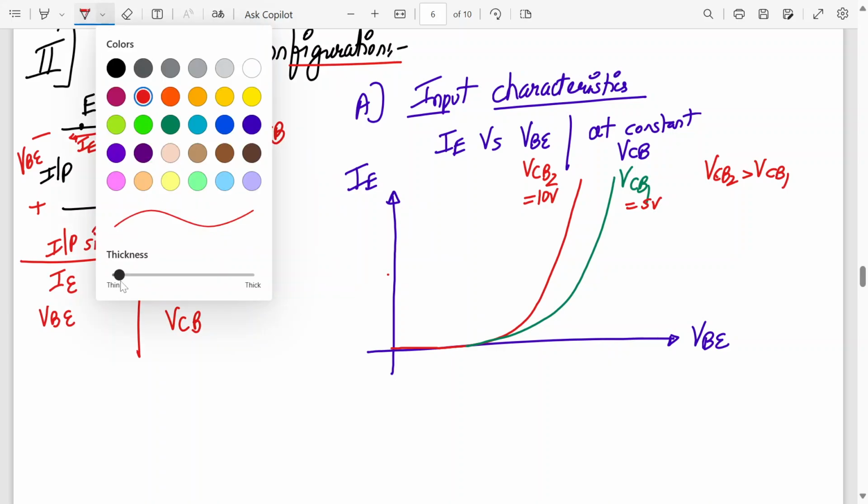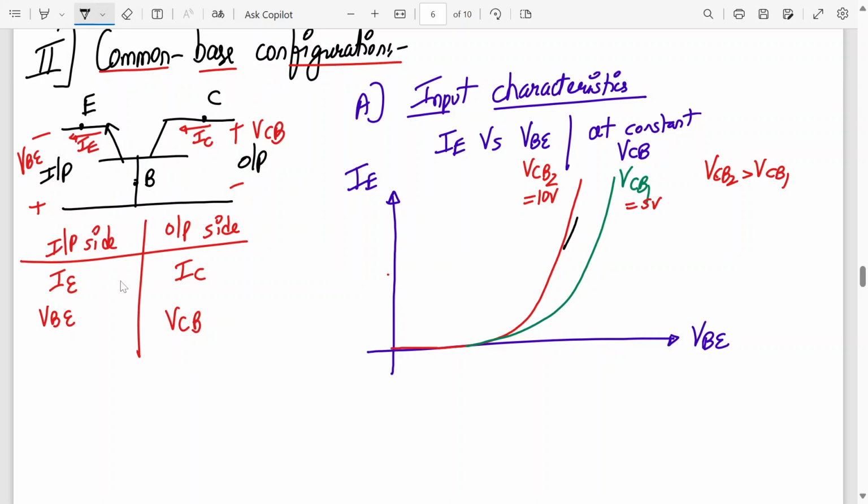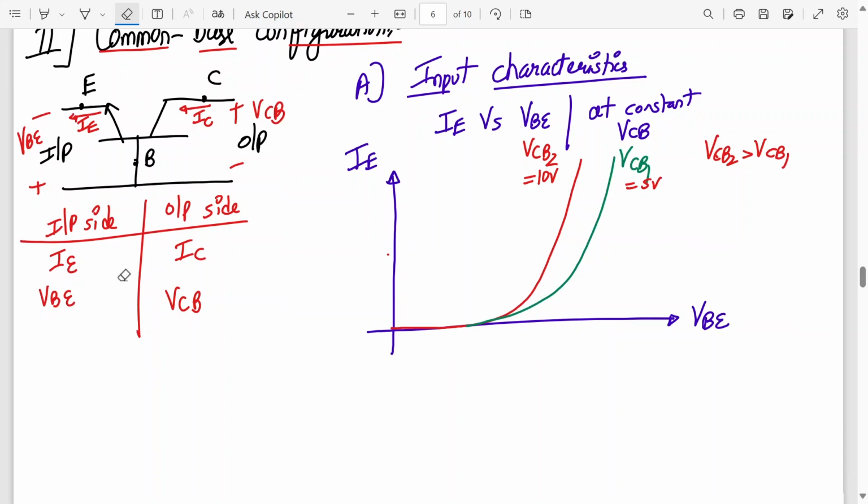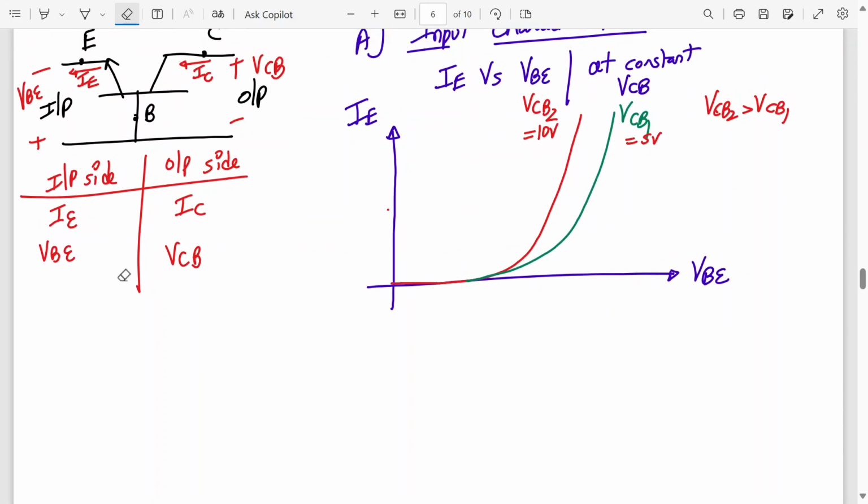Again, this graph will give me information about the input resistance of the BJT in common base configuration. If I take this point and this point, it's almost like a straight line. So this will be delta VBE divided by delta IE.